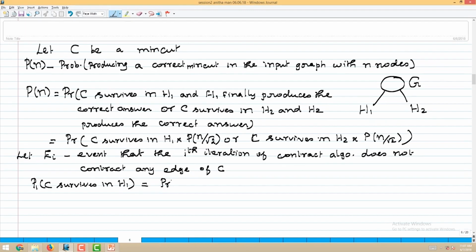Probability of, similar to Karger's min-cut analysis, probability of intersection, that is E1 is the event that first iteration is not contracting, correct. So, C survives through all these iterations, okay. So, C survives the first iteration and the second iteration and the third iteration, etc. Intersection i equal to 1 to how many iterations now?